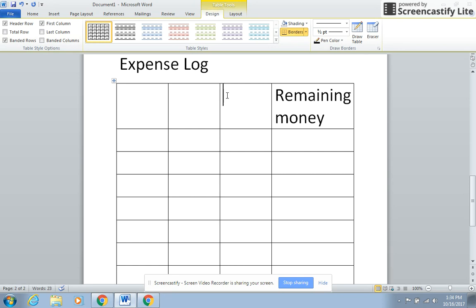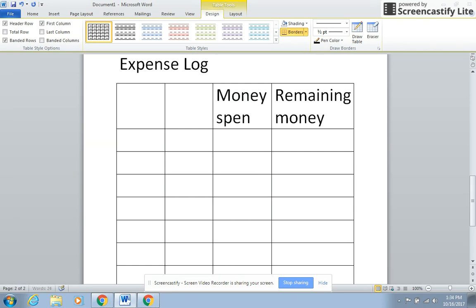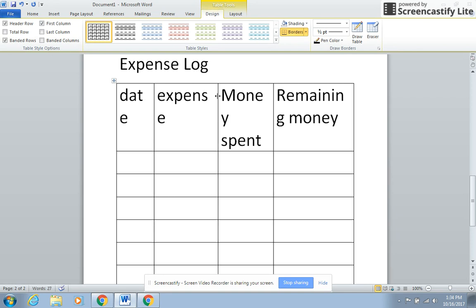This is going to be the money spent. This is going to be the date. This is going to be the note. So the note here is going to be whatever the item is. So we'll change that. We'll call it expense. And we're going to change how big these are.